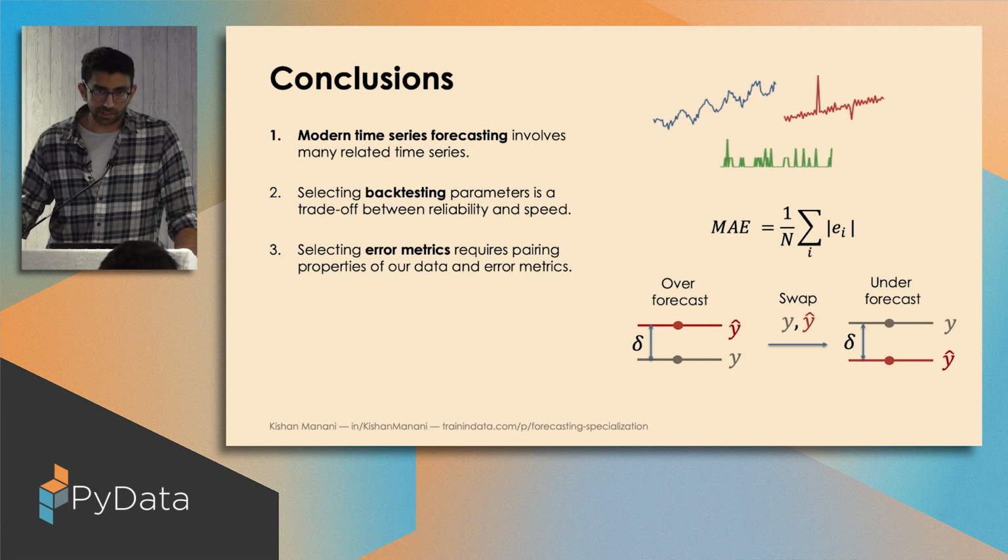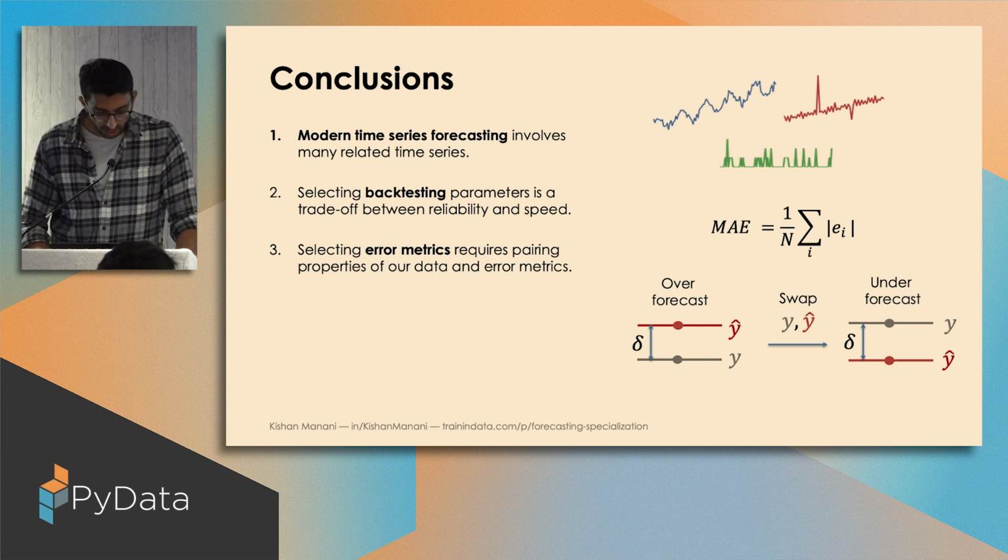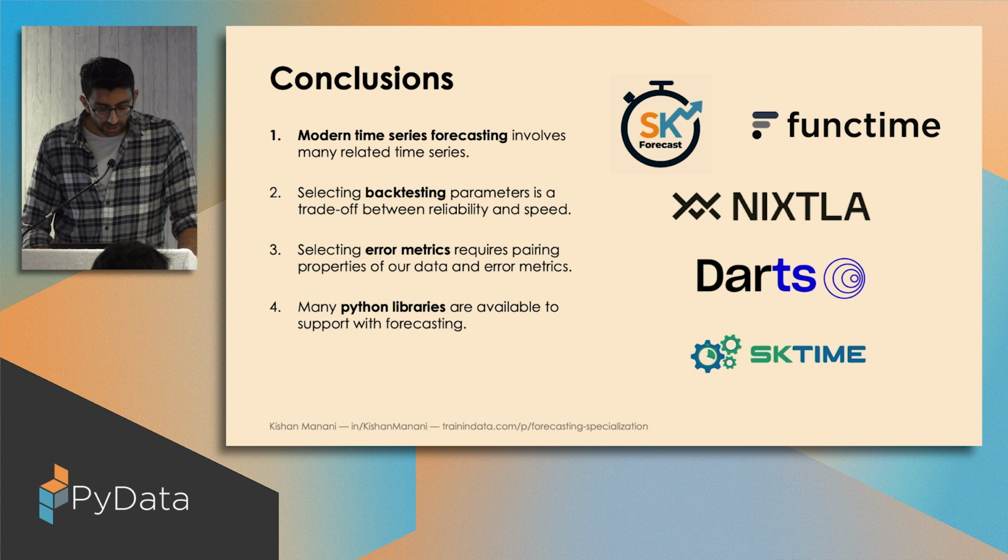If you understand the components that make up an error metric, you can pretty much design it, it's like cooking, you can choose the ingredients to get the kind of error metric that gives you the result that you want for your use case. And there are many Python libraries available to help support using machine learning for forecasting.